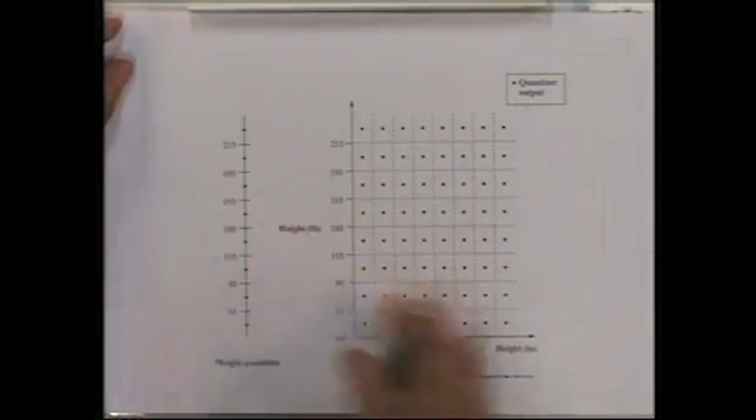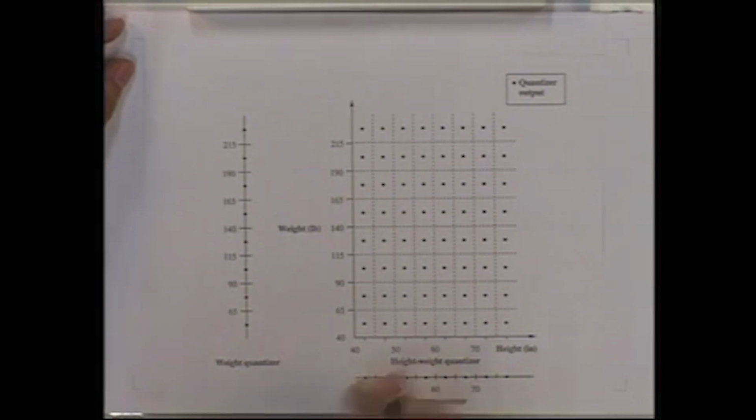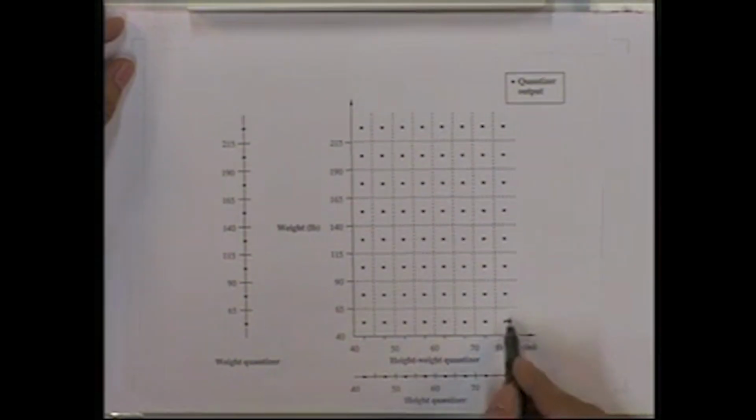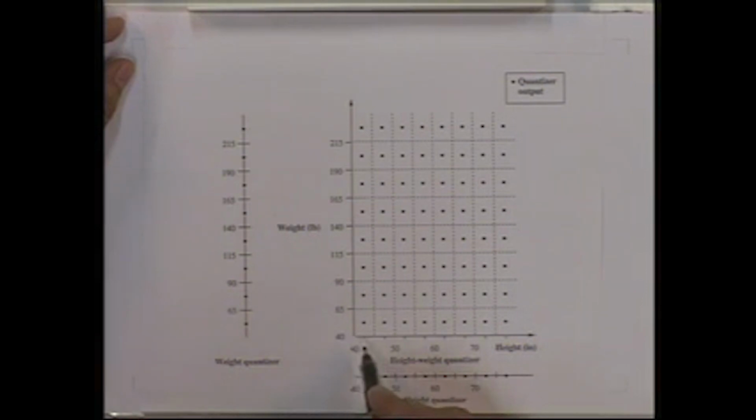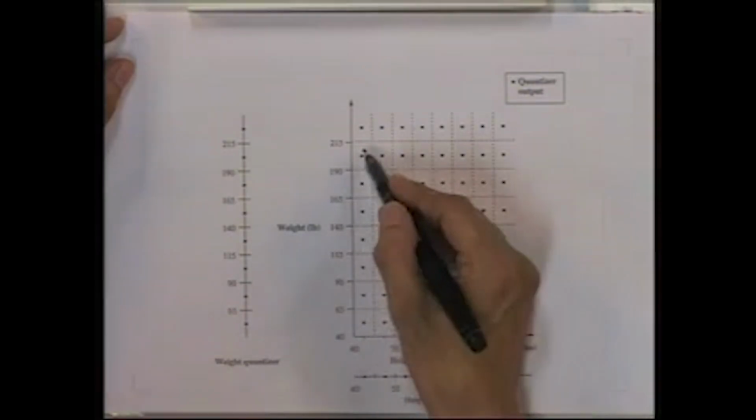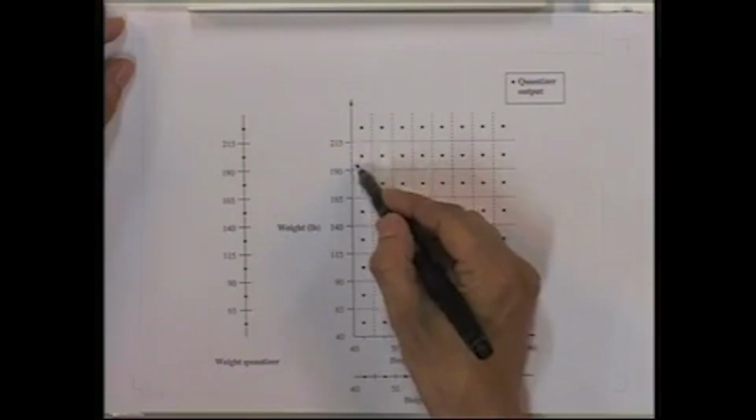What this figure indicates is that we effectively have a quantizer output for a person who is 78 inches, that is 6 feet and 6 inches tall and weighs 40 pounds, as well as a quantization output for a person whose height is 44 inches, but weighs more than 200 pounds.